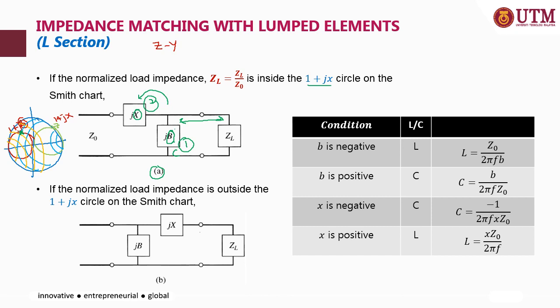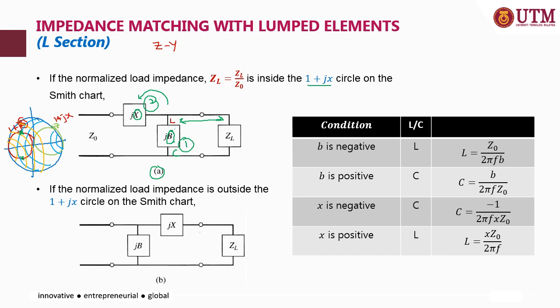If you get B negative, maybe somewhere down there, then the component at this point is L, the inductance, and you can calculate the value of the inductor by using the equation.